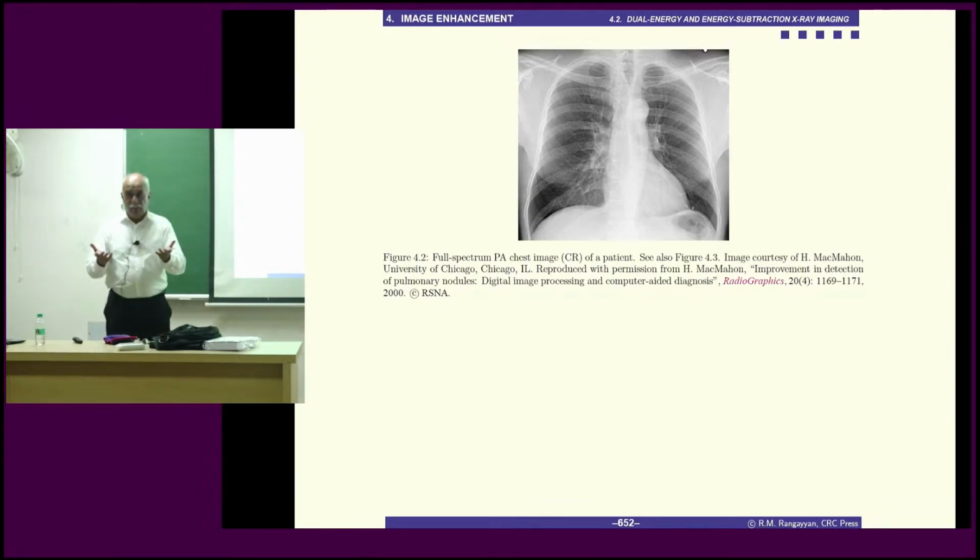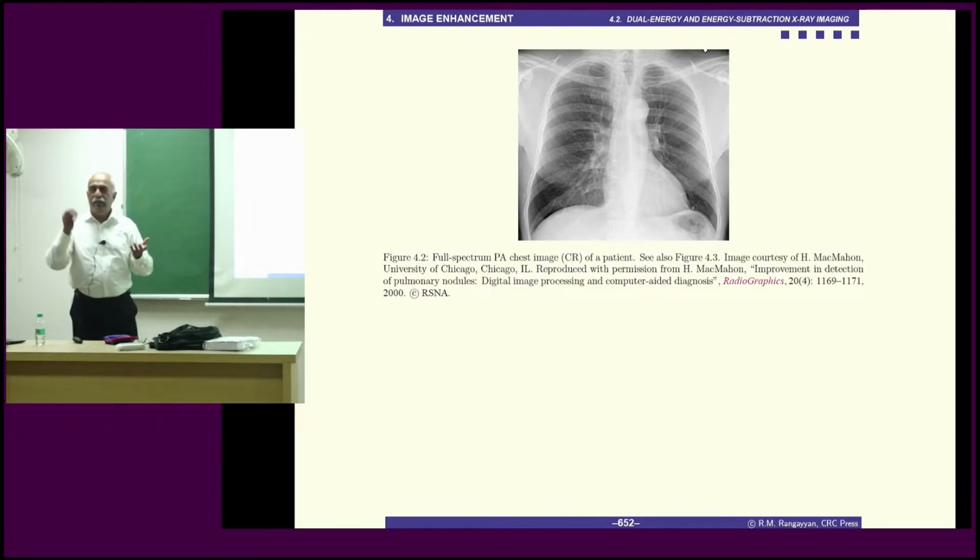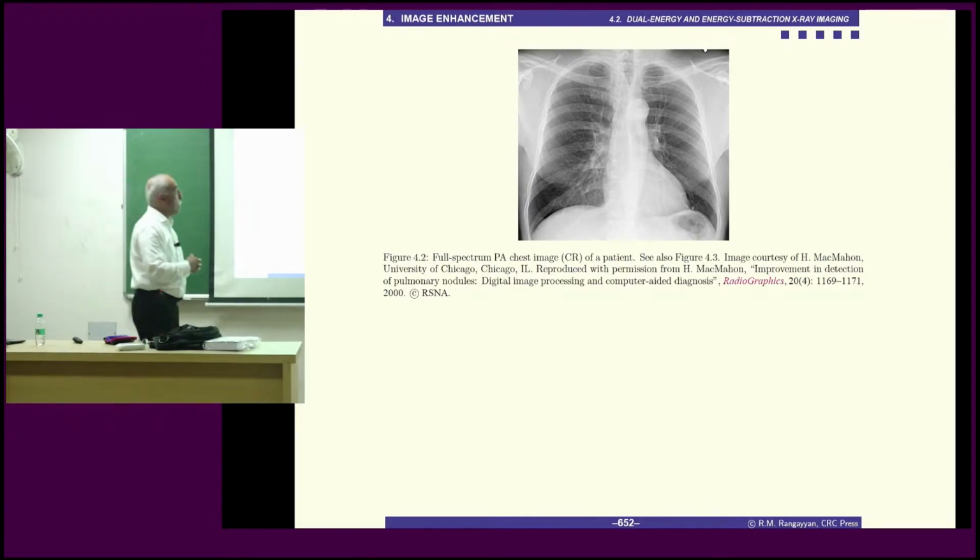Whereas direct digital means it's a solid state digital detector directly without converting the X-rays to light or to some charge or some other form of energy. So CR and DR are the terms used. Computed radiography, when you have a charge plate and that is scanned later to get the latent image out. Digital radiography or DR, when you have a direct digital solid state detector directly for X-rays.